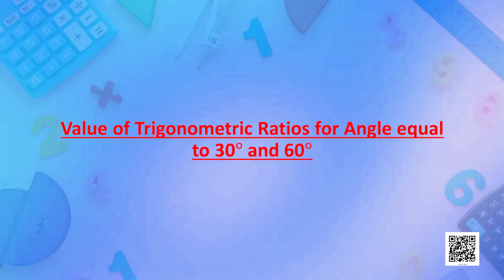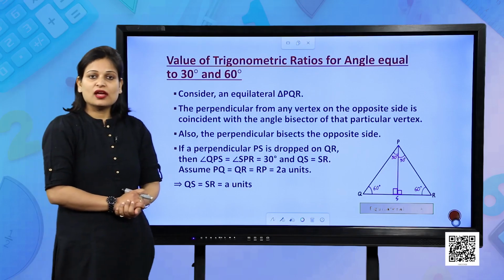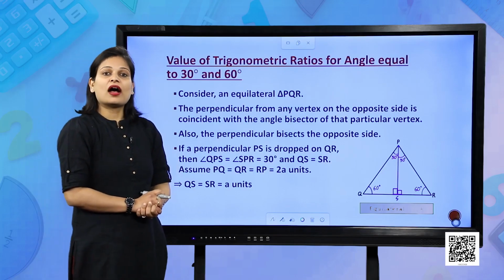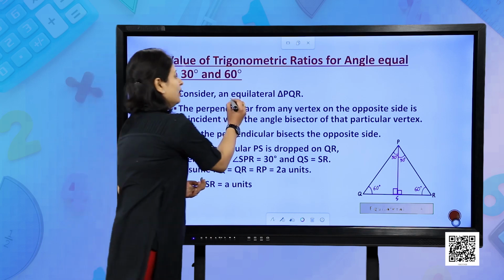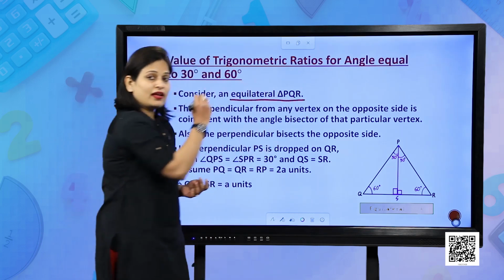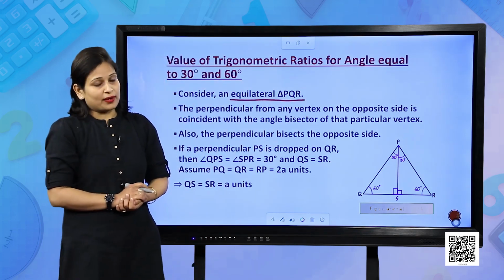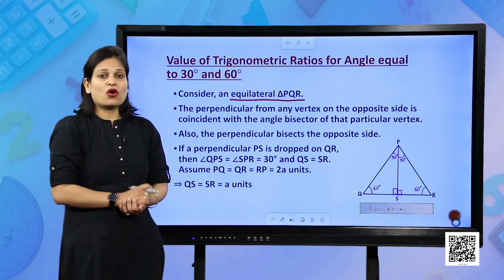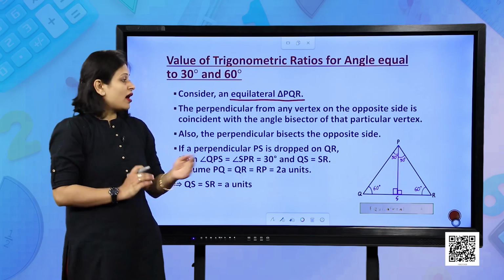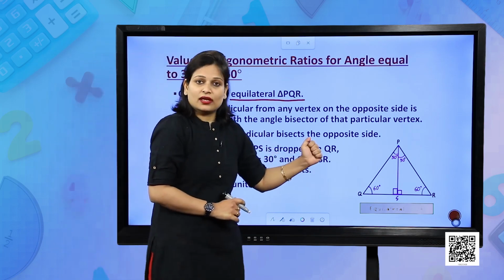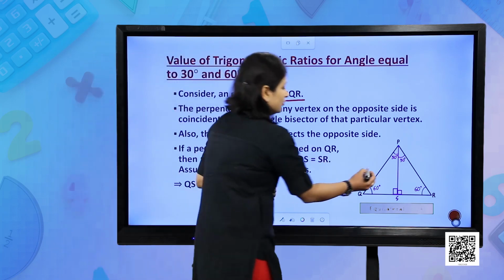Now comes the trigonometric ratios for angle equal to 30 degree and 60 degree. For this, we need to construct an equilateral triangle PQR. In an equilateral triangle, all sides are equal and all angles are equal to 60 degree. So, that means what?